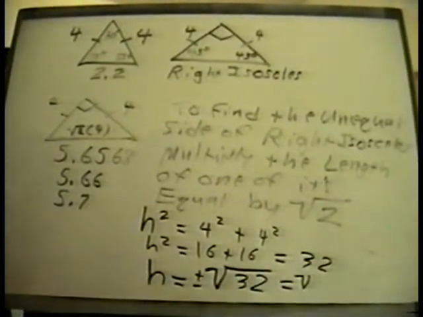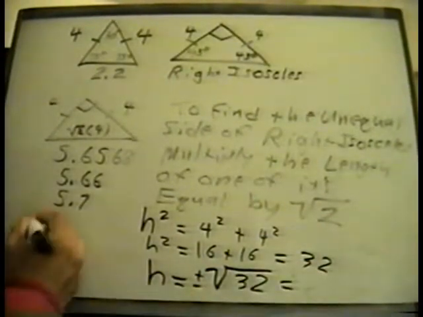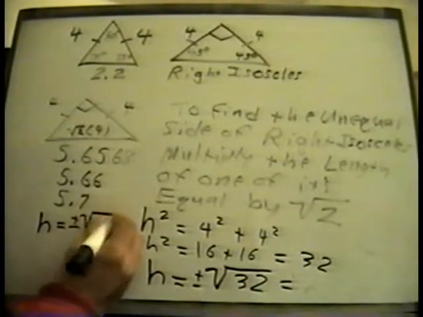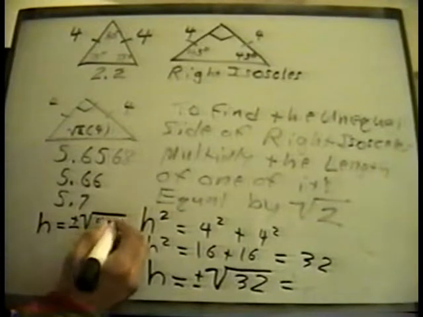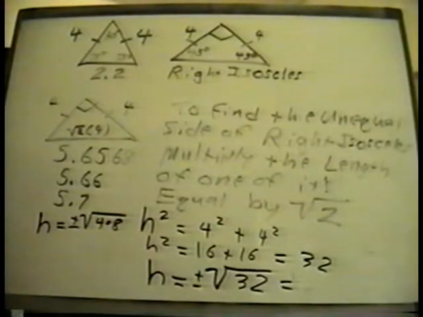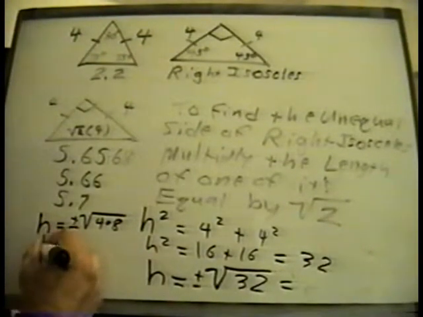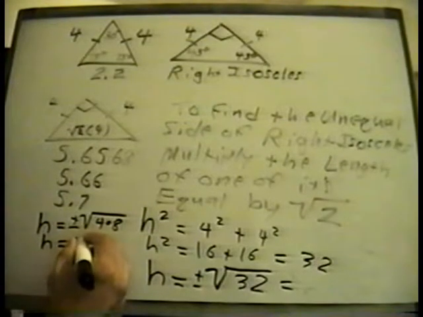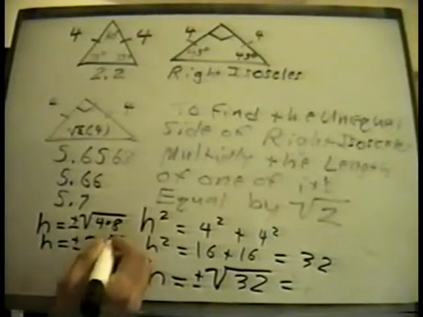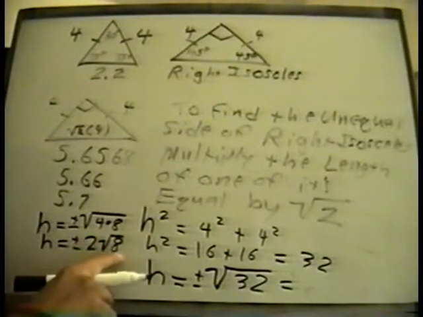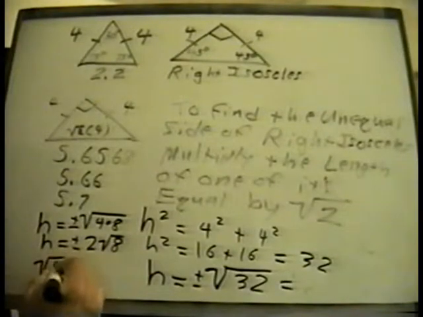And then we can further reduce that. I'll work it over here. The square root of 4 times 8, which then becomes 2 times the square root of 8.